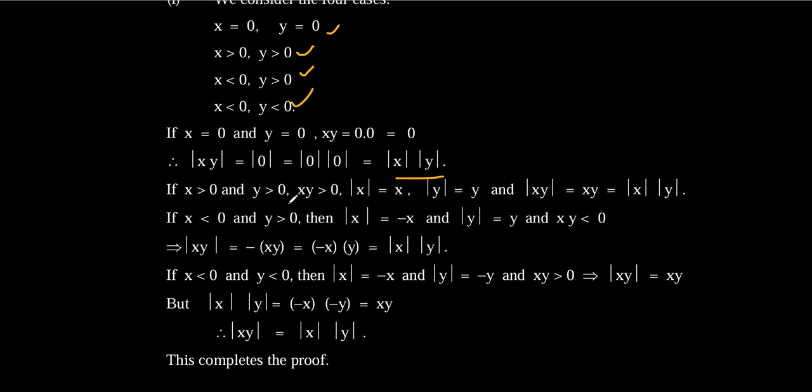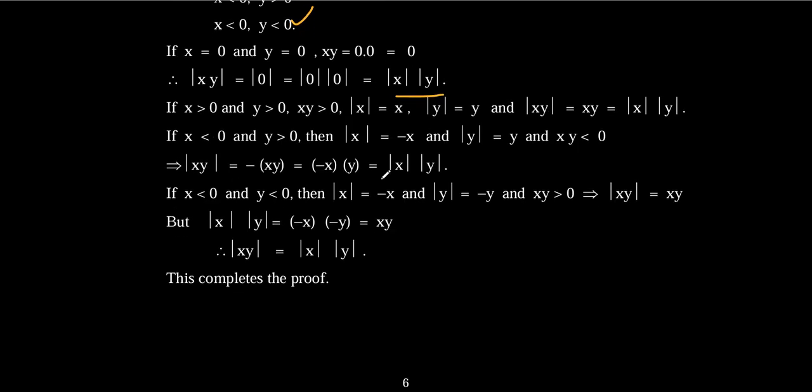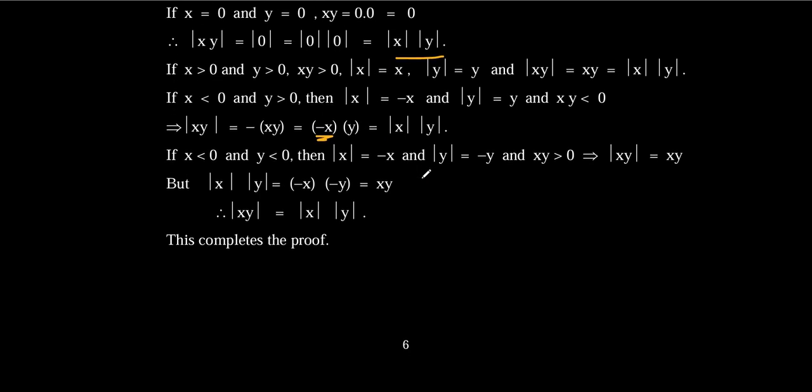Which means that it will be equivalent to what? The magnitudes multiplied. Now, when you try for the negative side, you realize that the magnitude will take care of the negative, right? So at the end of the day, you come and get the same results. And yeah, when you do it for the reverse too, you also get the same results.